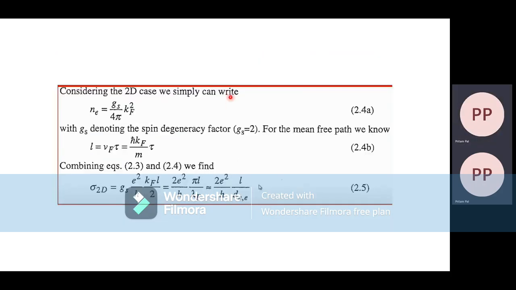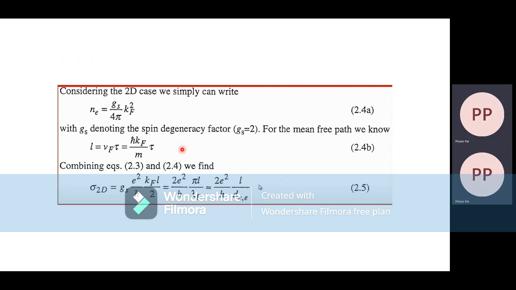So next, this is a useful way to look at the exact same expression, but using the particular example of density for a two-dimensional electron system that we encounter.